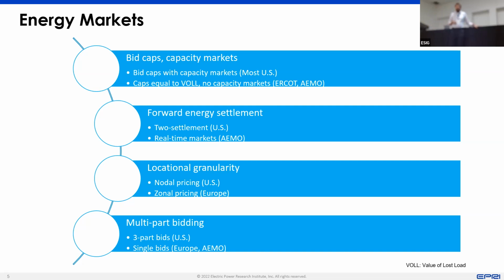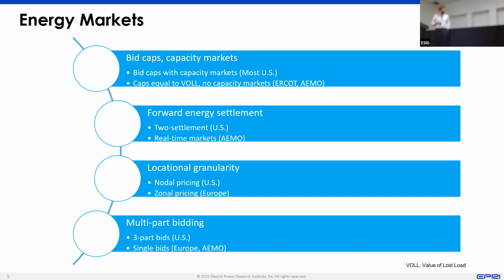But in the US, across all the market regions, we do price at a nodal level from that generation bus bar. In Europe, it's at a zonal level.